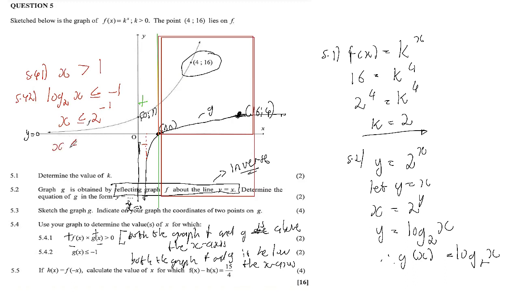Now x is less than or equal to 1 over 2. Now we do understand that the point in here needs to be 1 over 2. So that's the value there. So your value is either x less than or equal to 1 over 2. That's how you were supposed to tackle that question.